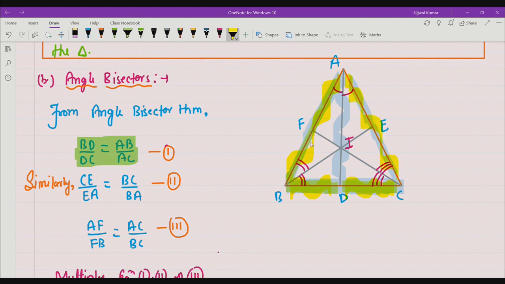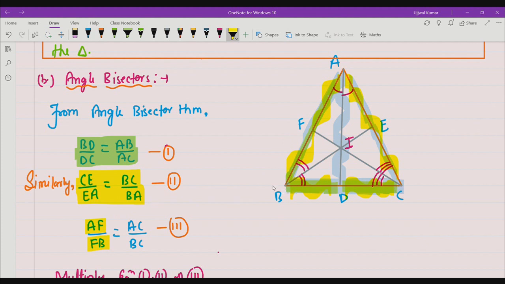See, it's so simple. Similarly, CE upon EA equals BC upon BA, and AF upon FB equals AC upon CB.